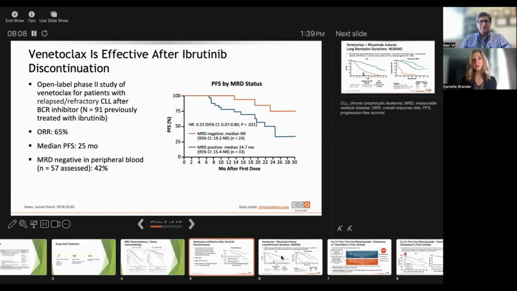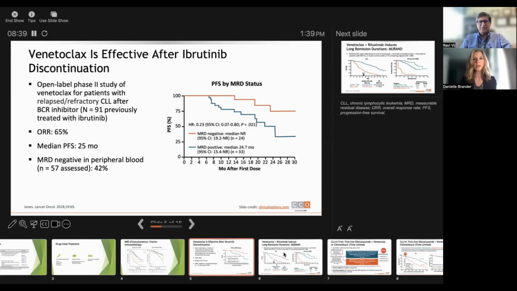And so what this study demonstrated is, yes, venetoclax works in that setting, but the way I take away is if you're following these patients, and these are the patients I think MRD is helpful for after BTK resistance, if they don't achieve a deep MRD response, then their overall remission from venetoclax is going to be much shorter than patients that do achieve the depth of response following a BTK inhibitor.